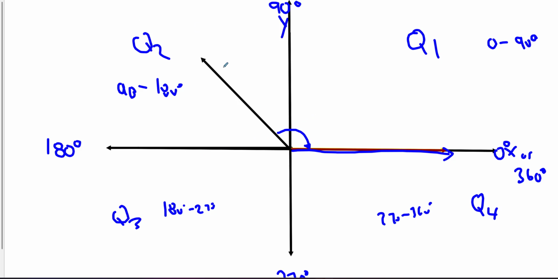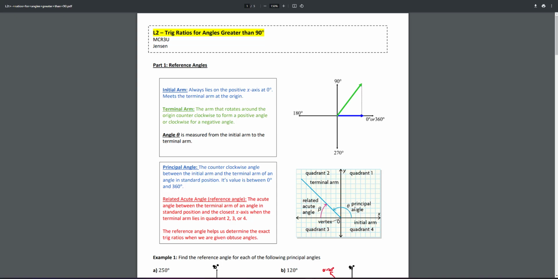So whatever the angle is, I don't know, 120 degrees, whatever. We're going to figure out how to calculate it exactly in a moment. But that is your principal angle, and that is denoted by the variable or symbol theta. So theta is your principal angle. So that is between the initial arm and terminal arm, and its value is between 0 and 360 degrees.